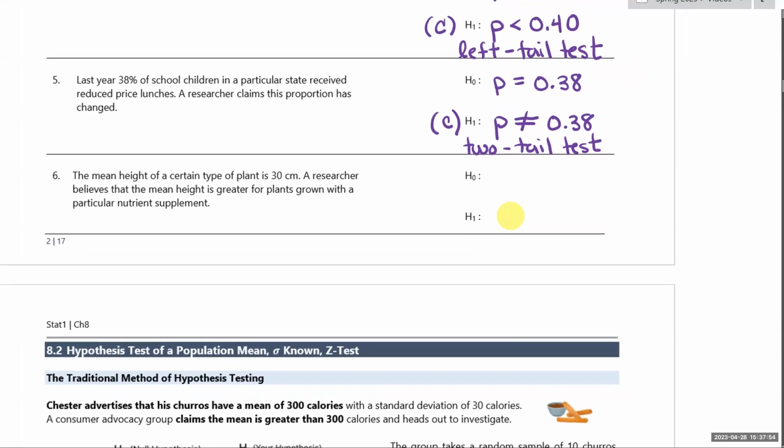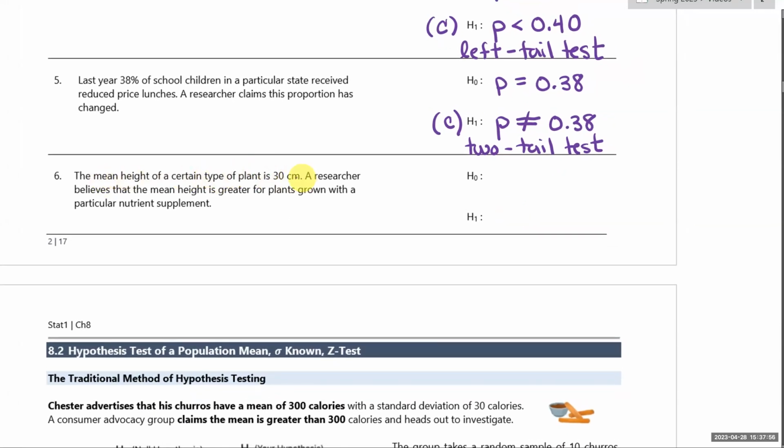All right, last one. The mean height of a certain type of plant is 30 centimeters. A researcher believes that the mean height is greater for plants grown with a particular nutrient supplement. All right, so now our claim, we're talking about means, mean height. They claim that the mean height will be greater than 30 centimeters for plants that get a nutrient supplement.